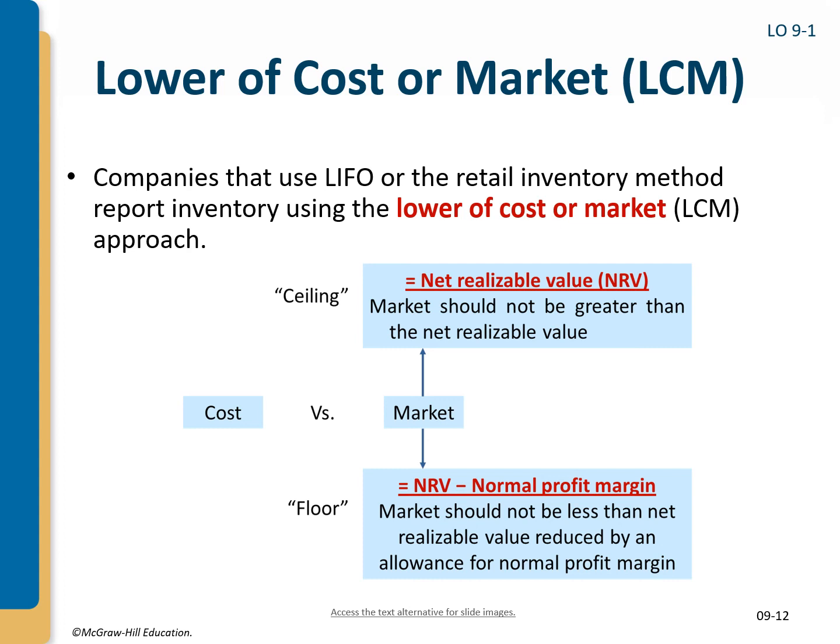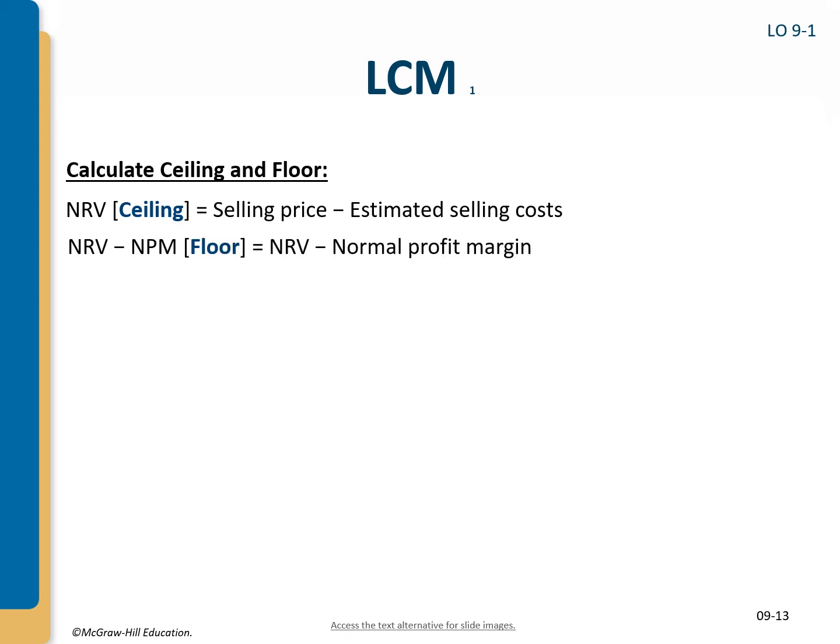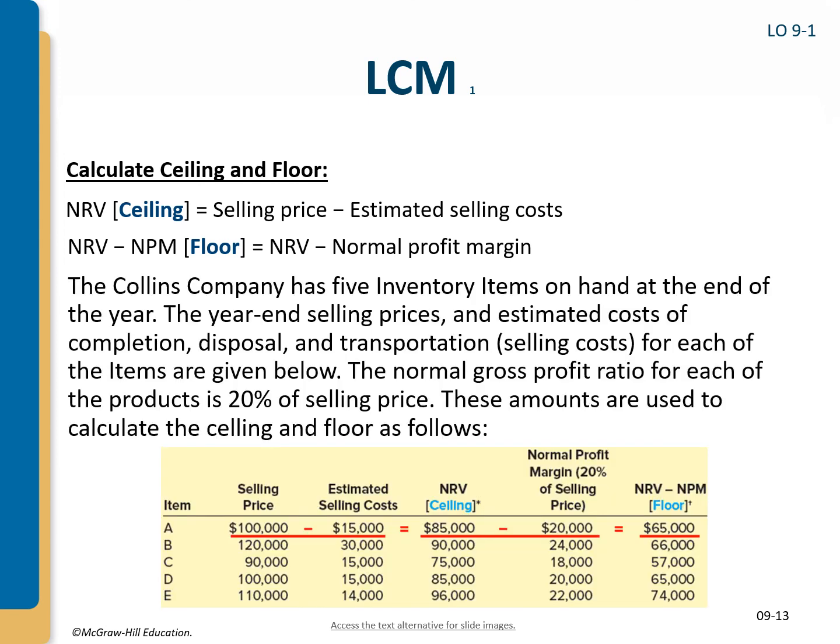So the market, the highest amount it could be is the ceiling. The lowest amount it could be is the floor. If that replacement cost falls between, then the replacement cost is the market. We compare that to the cost. Take a look. So ceiling again is selling price minus estimated selling costs. Net realizable value minus the normal profit margin is the floor.